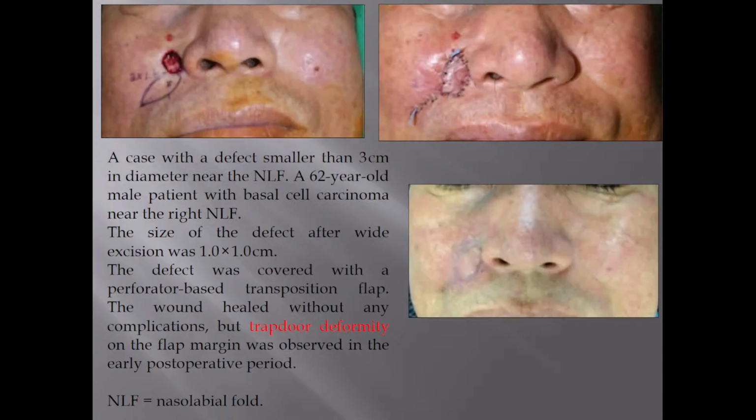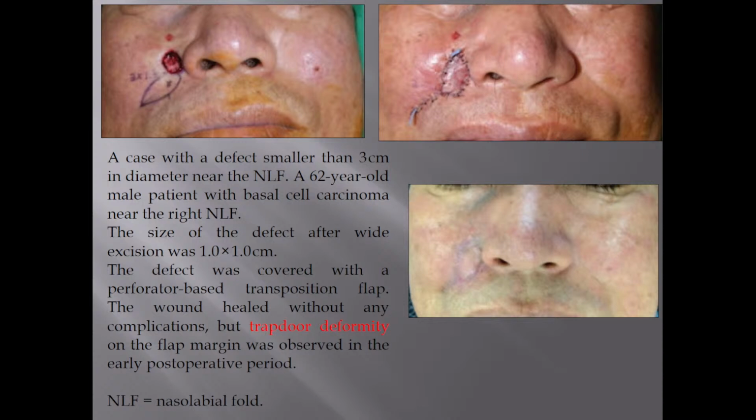And the next case, the same, smaller than 3 centimeters in diameter, and the same, it was a basal cell carcinoma near the nasolabial fold, and the same, we used a transposition flap or perforator-based flap.